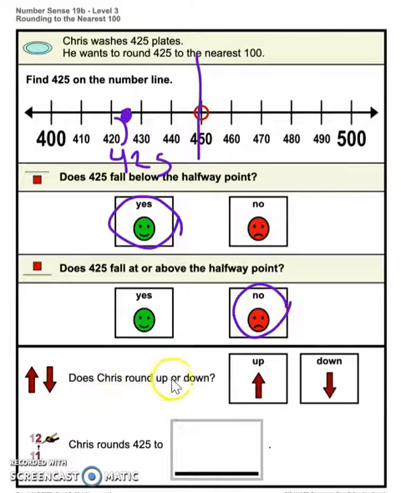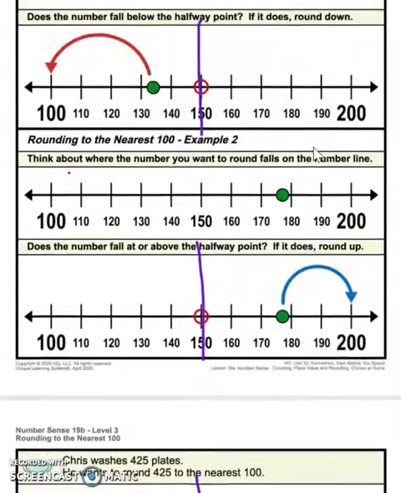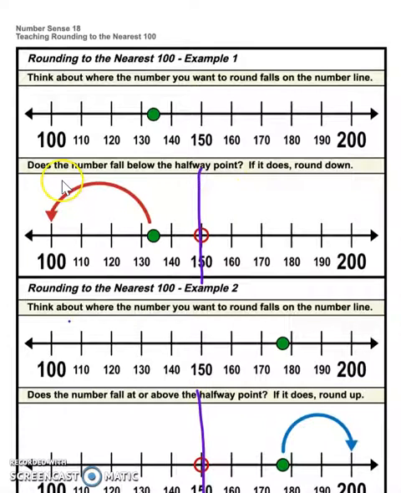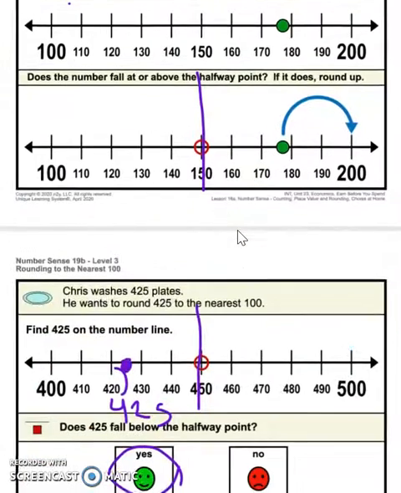Does Chris round up or down? Well, let's remember our rules. Does the number fall below the halfway point? We said yes. If it does, round down. Oh, okay.